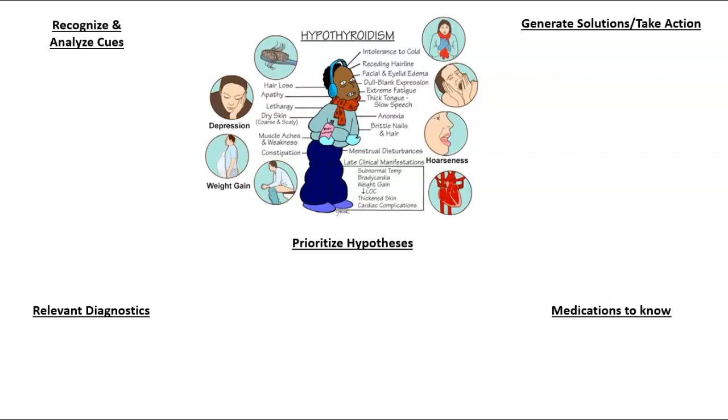So myxedema coma, we need to constantly be monitoring for that. So what will they look like? They would have impaired consciousness, low temperature, hypotension, hypoventilation, cardiovascular collapse, generalized edema. And then the treatment, of course, they need ICU level of care. They may need ventilator support, and we need to replace their thyroid hormone.